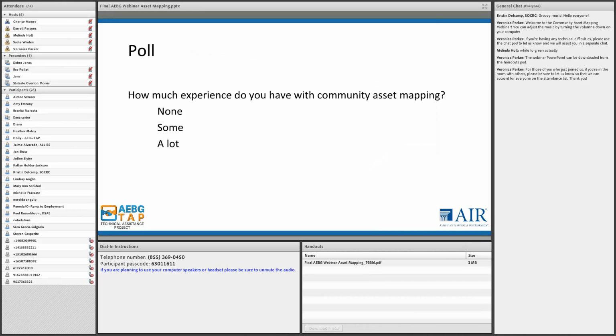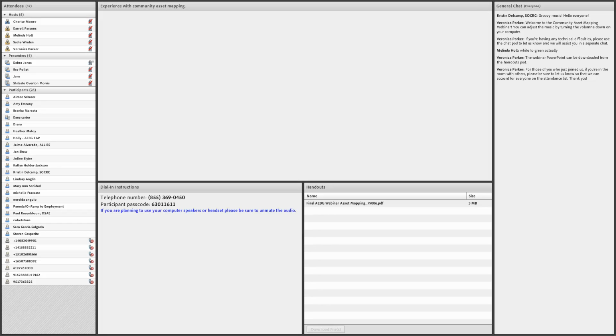We're going to take a poll. How much experience do you have with community asset mapping? You have four choices: none, some, a lot, or no vote. So please vote. It looks like most of you have had some experience with community asset mapping.